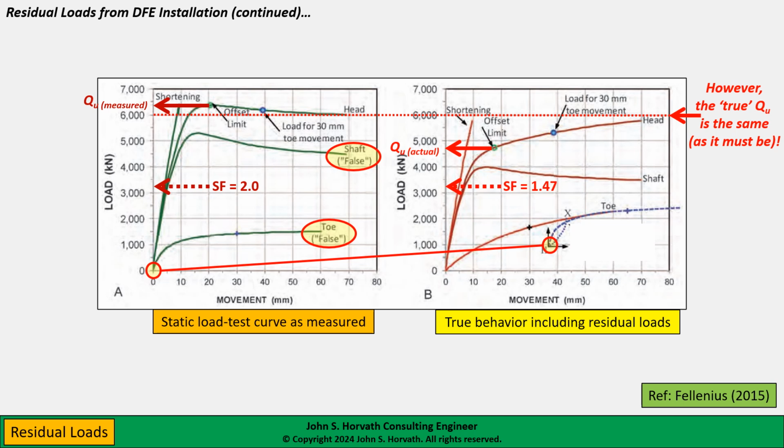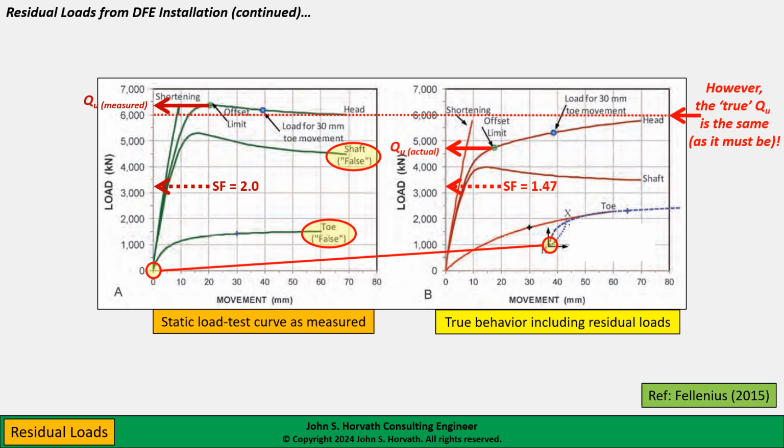Notice that these two curves, both the as measured and the true behavior, including residual loads, what are they doing? They're approaching the exact same value of about 6,000 kilonewtons. So the true geotechnical capacity of this DFE is the same, as it must be.